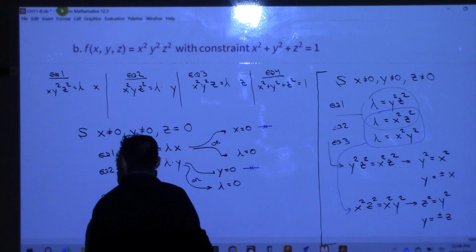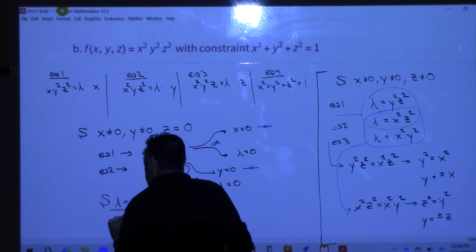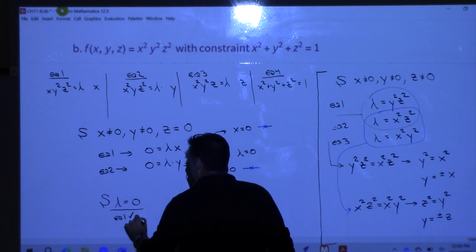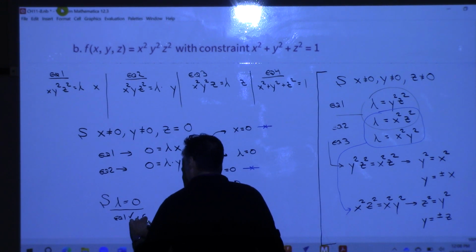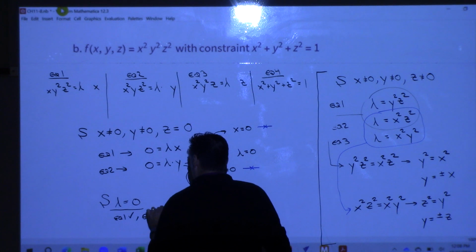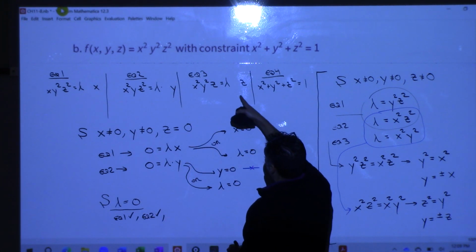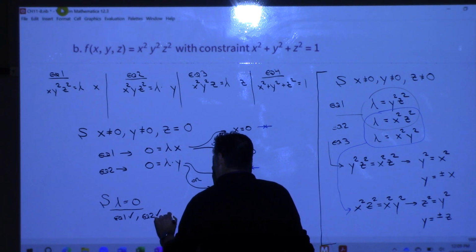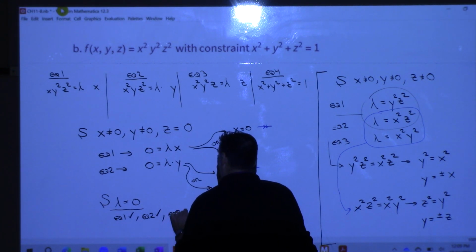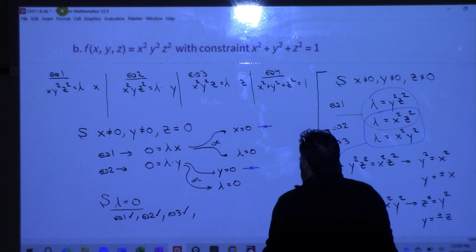So equation 1 is good. What about equation 2? Equation 2 is good. Equation 3 is where we got all this from, because z is 0. Boom, z is 0. Equation 3 is good. All right, which leaves us with the last equation.